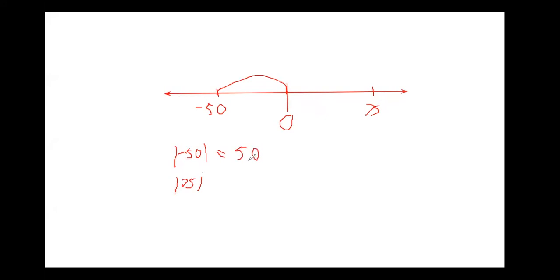Even though it's negative, it's still 50 spots or 50 spaces away from 0. 75, even though it's positive, is 75 spots or spaces away from 0. It's just how far away it is from 0. It doesn't matter if it's positive or negative. That's all that matters. It's absolute value. Okay.